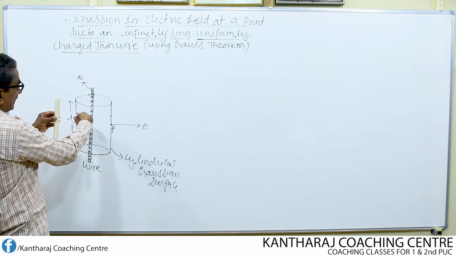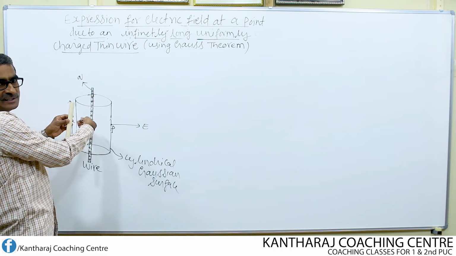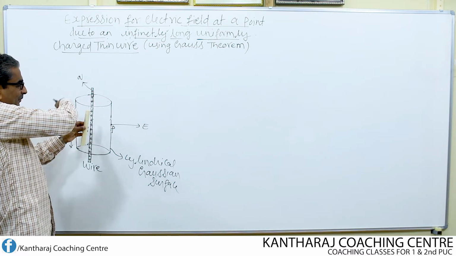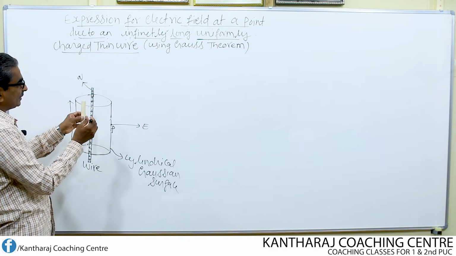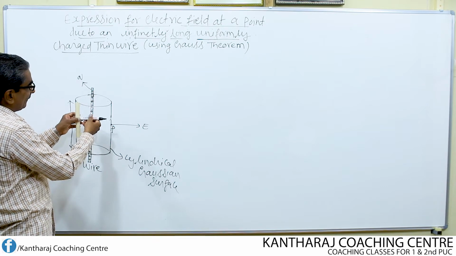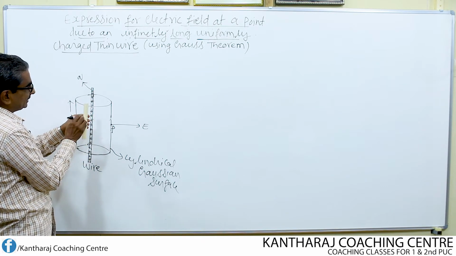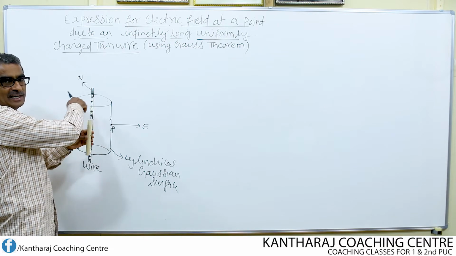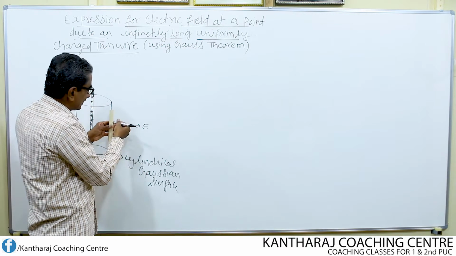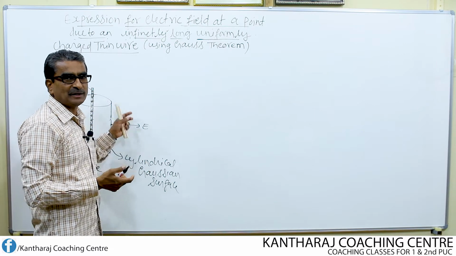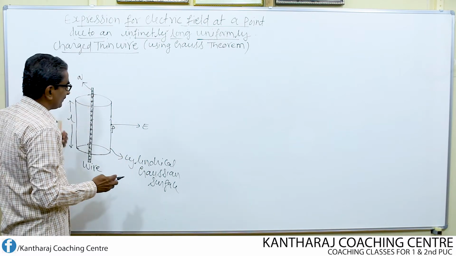Again at the back, it is directed outwards like this. So at all these positions, it is directed outwards, perpendicular to this Gaussian surface. At this point, and this point, and this point, at any other point, the direction of electric field is perpendicular to the Gaussian surface.